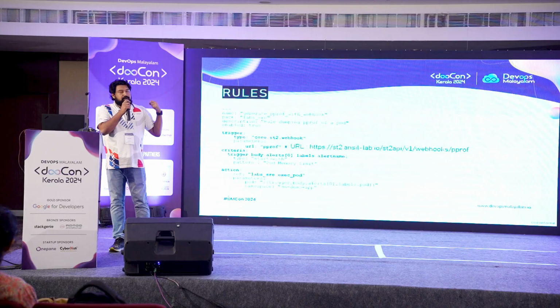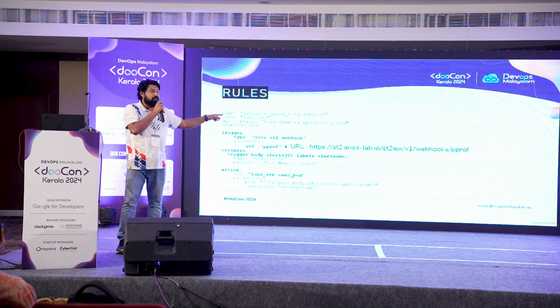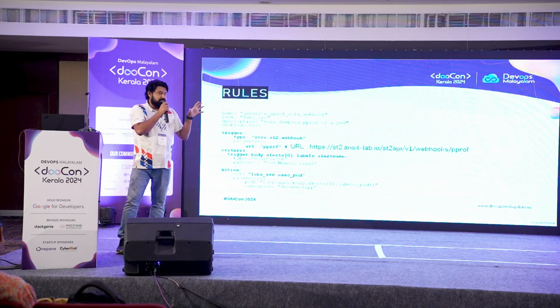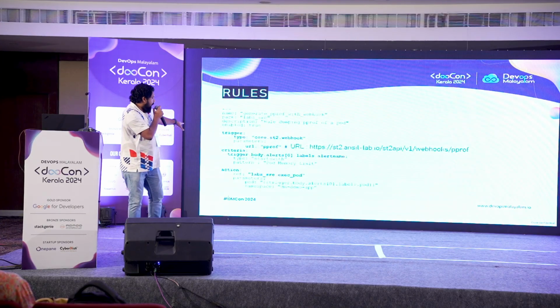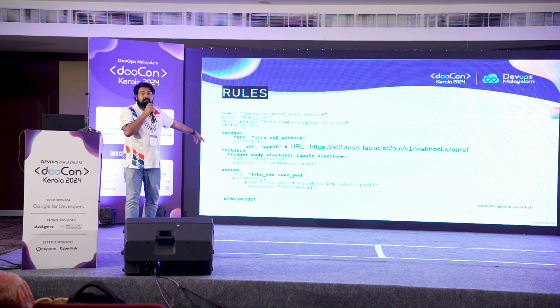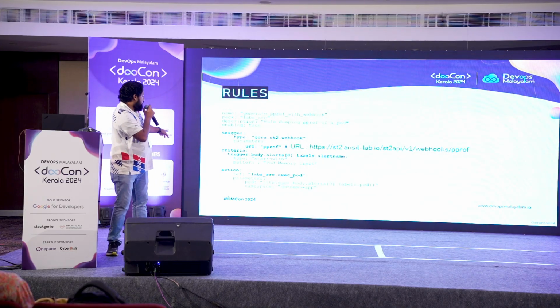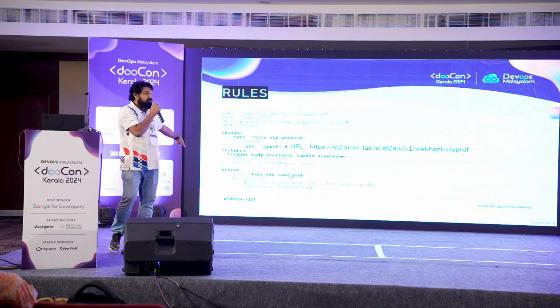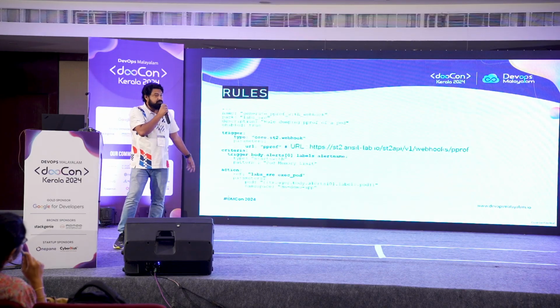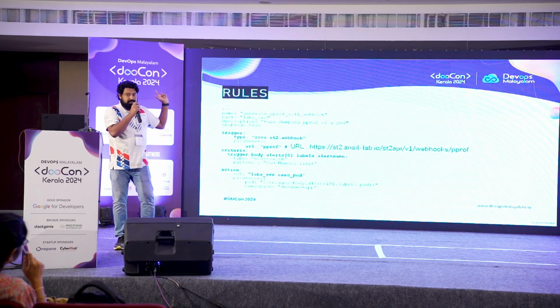That alert is going to invoke this webhook. When the alert happens, it will be fired to this webhook. That webhook will have a JSON payload, and that payload will have this alert pattern. If that alert pattern matches the payload, then the action will be executed. So the action will be exec_pod, which I wrote in my action.